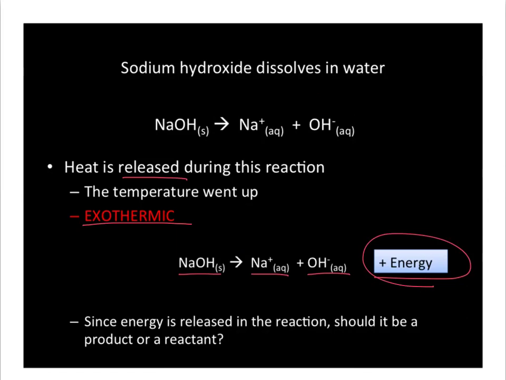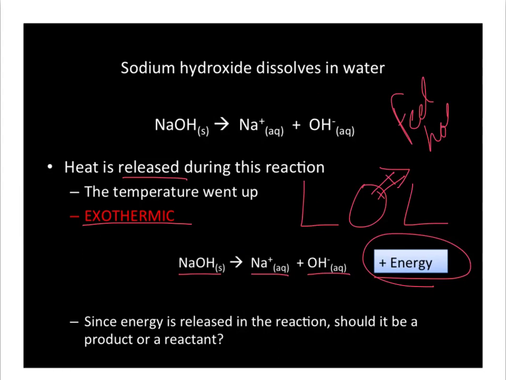So if we drew our LOL graph, energy would be going out of the system. This would feel hot, because energy is a product, it's going out of the reaction and into your hands. You would feel hot in this case.